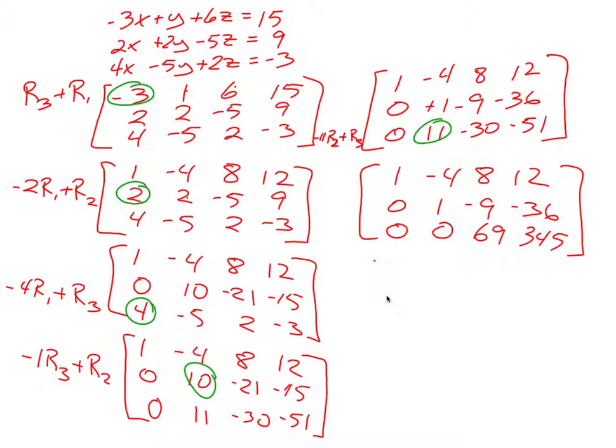So I got one more thing to do. Change 69 to 1. And what do I do to get that? Times row 2 by. Here's a hint. Once I get down to the last thing I'm working on, all I gotta do is divide.